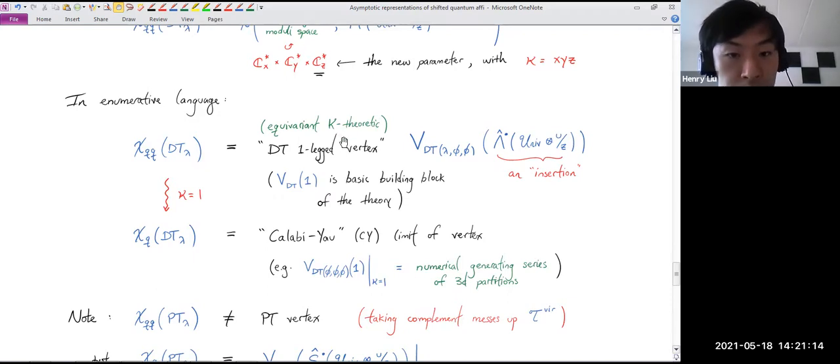In terms of geometry, the kappa equals 1 limit is what's called the Calabi-Yau limit, because when you trivialize the canonical bundle, you get something that's Calabi-Yau. That's how you define Calabi-Yau, a trivial canonical bundle. And so the Q character of our module is what's called the Calabi-Yau limit of the vertex.